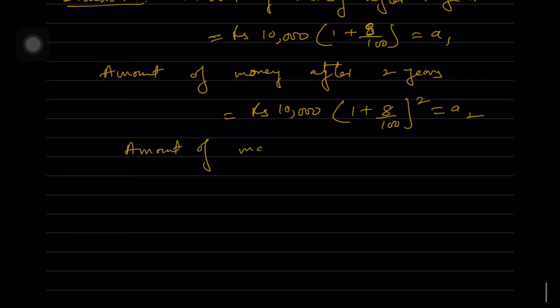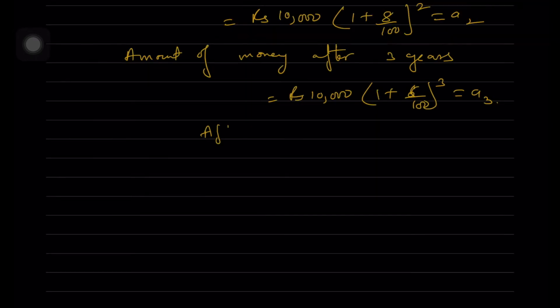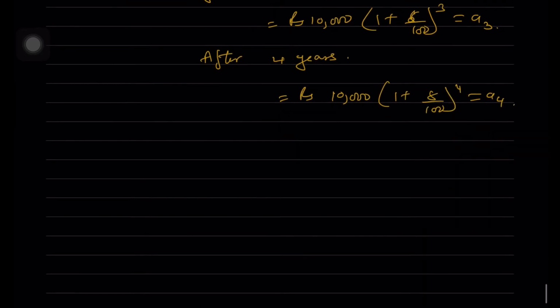After 3 years it is rupees 10,000 into 1 plus 8 by 100 whole cubed. After 4 years, it is equal to rupees 10,000 into 1 plus 8 by 100 whole to the power of 4, which is equal to A4.